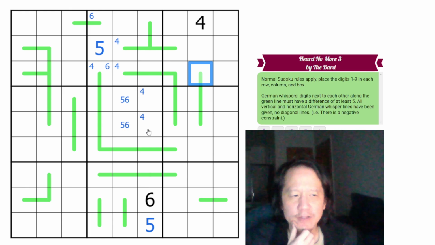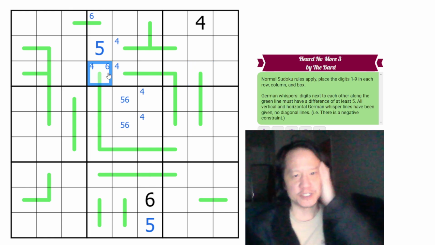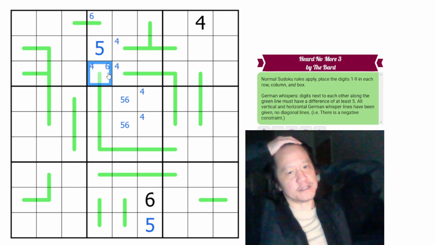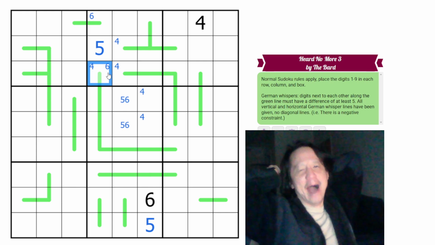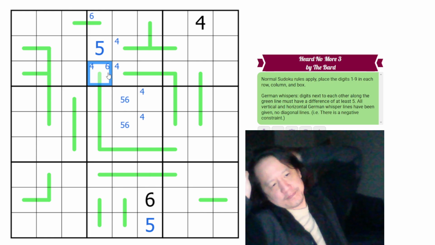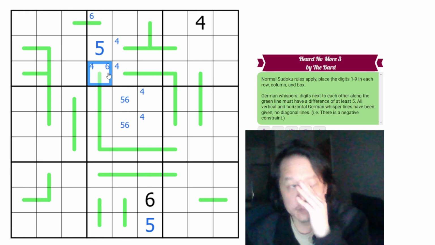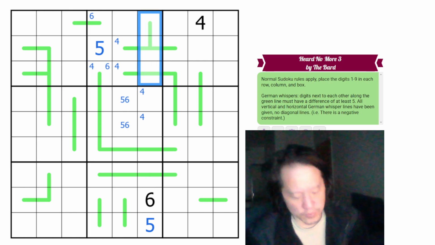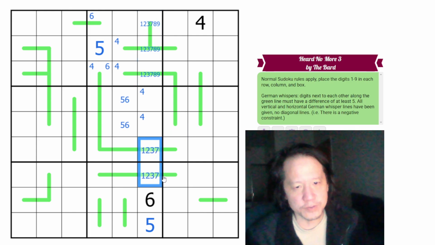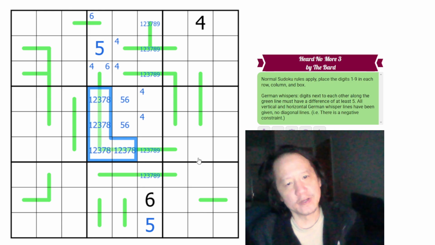I normally would color German whisper lines, but I'm not sure how useful that is right now because it doesn't look like we have much to differentiate the different sets on the different lines. Well, we know all of these are 1, 2, 3, 7, 8, and 9, right? And these are 1, 2, 3, 7, 8, or 9. All of these are 1, 2, 3, 7, 8, or 9.